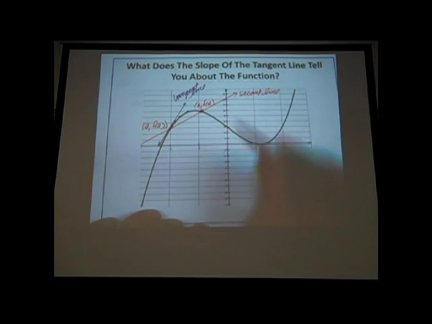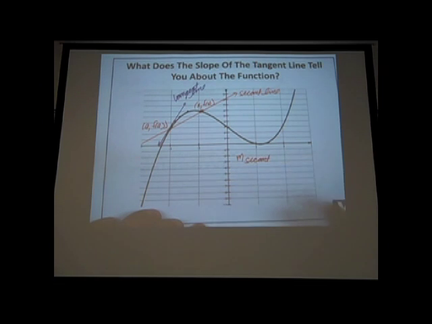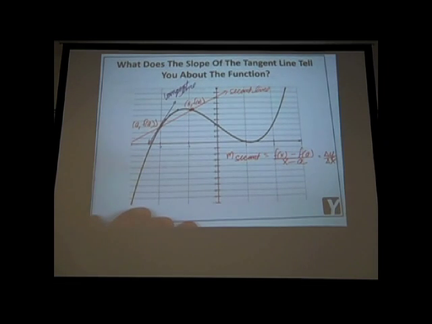Now, let's go through this thought process. If I wanted to find the slope of the secant line, we do change in y, so f of x minus f of a over x minus a. What is this? It's just change in y over change in x. It's our old friend, the slope formula. Secant, f of x minus f of a over x minus a.